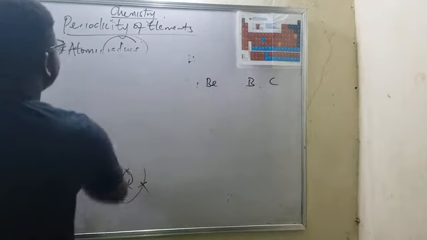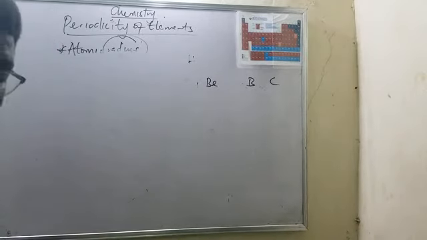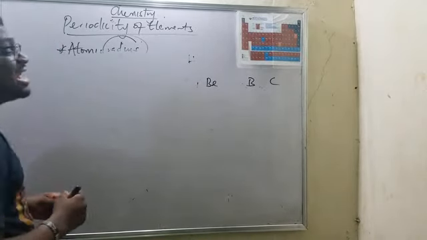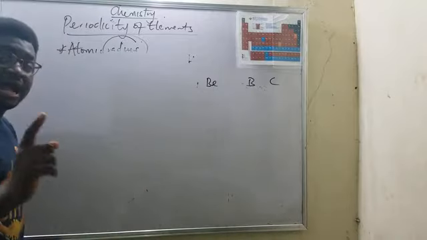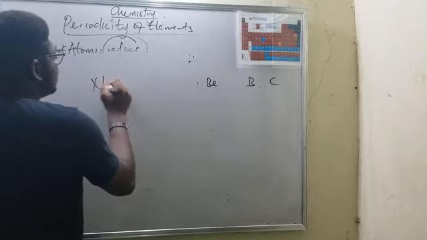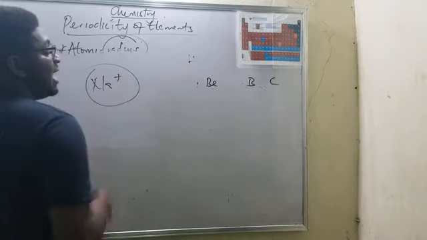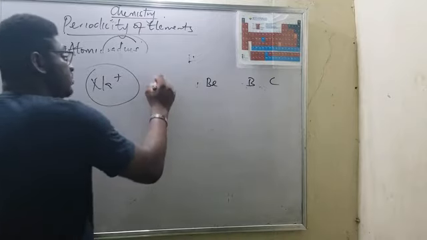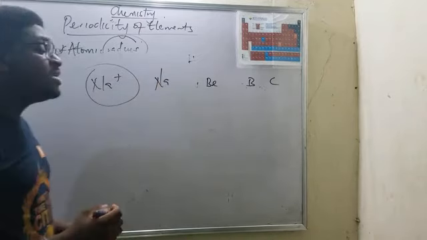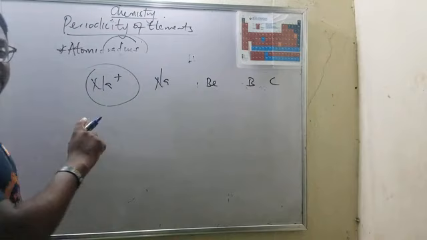But before we go there, let me call your attention to something. The atomic radius of a cation, which is a positively charged atom, for instance the sodium ion, is smaller than that of sodium. Why? Because the sodium ion has lost 1 electron.